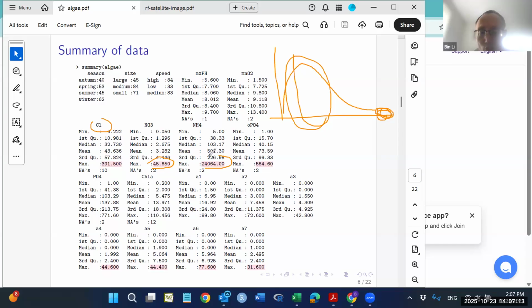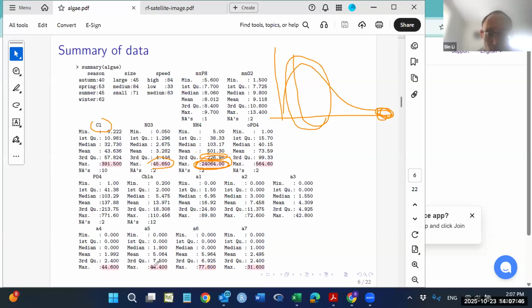Like here, NH4, the maximum is over 24,000, while the third quartile means that 75%, 3/4 of the data have NH4 readings less than 226.95. But we do have some samples that are over 100 times the third quartile.